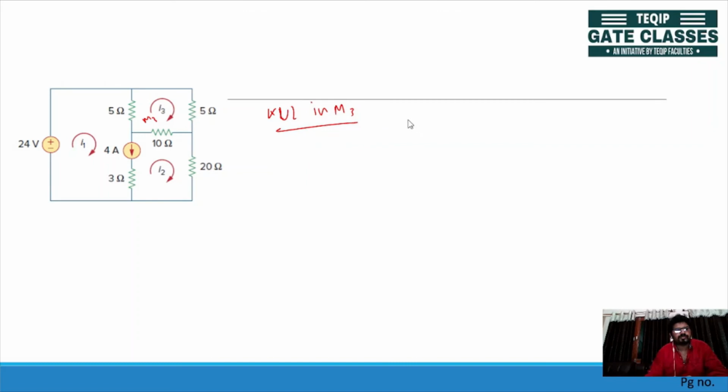So it is 5(I3 minus I1) plus 5 I3, then coming this way, plus 10(I3 minus I2) is equal to 0. This is our equation number 1.